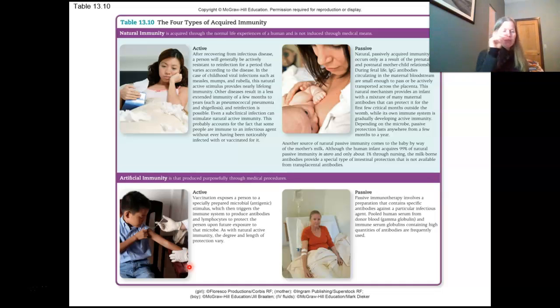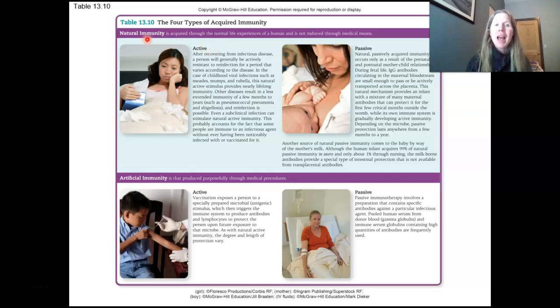Now, there's four types of acquired immunity. The classic example, the way we've been explaining this, is what's called natural active immunity, right? This is where you have to go through getting sick and the whole process of building those memory cells so that on subsequent exposures, you don't get sick because you have memory, you have immunity.